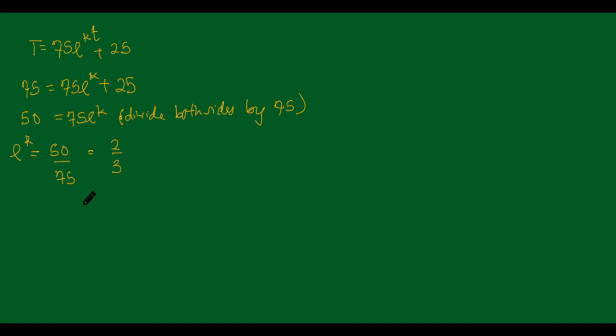So this becomes 2 divided by 3. We don't necessarily have to find the value of k, because it's easier to just substitute 2 over 3 back into the original equation.